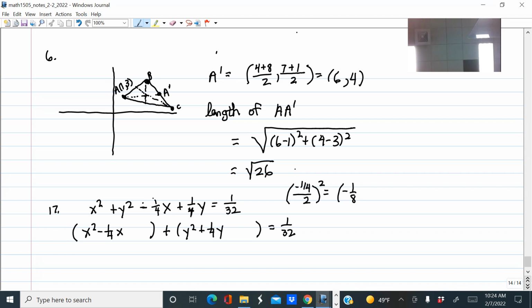So if you take minus 1/4 and multiply it by 1/2, that gives you minus 1/8, right? Okay. Because when you multiply fractions, remember you multiply numerators and multiply denominators. Squared, that turns out to be positive 1/64. So what's going to go in here is 1/64. Okay.